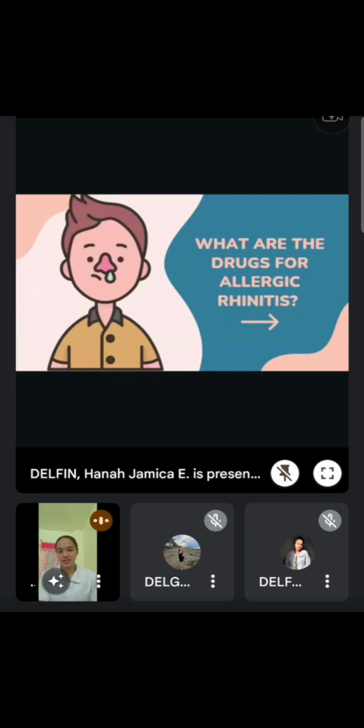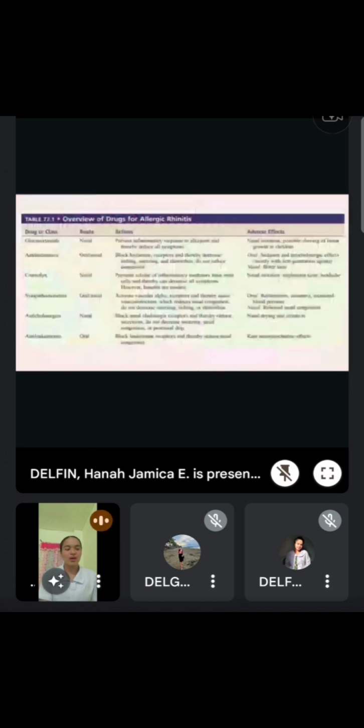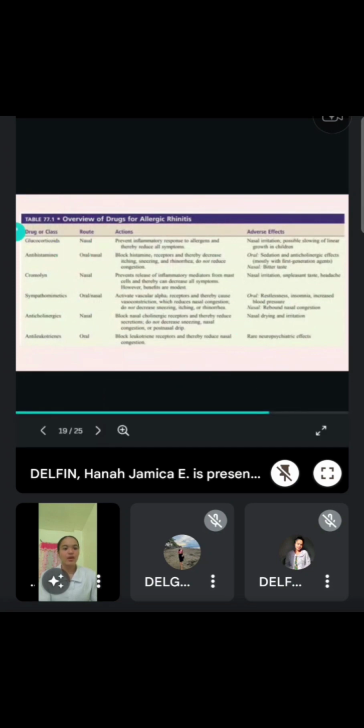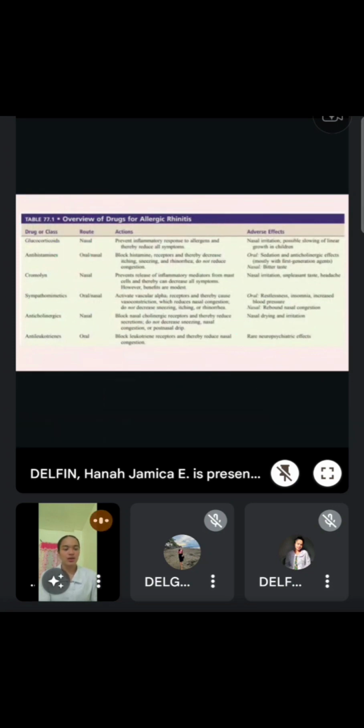What are the drugs for allergic rhinitis? So this is the overview of drugs for allergic rhinitis. First are the intranasal glucocorticoids.